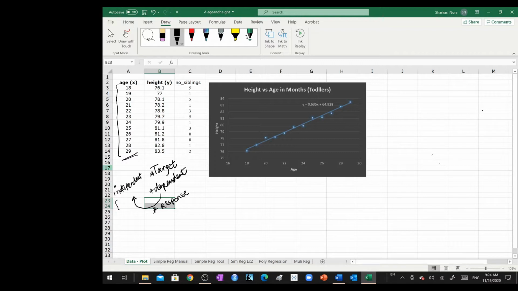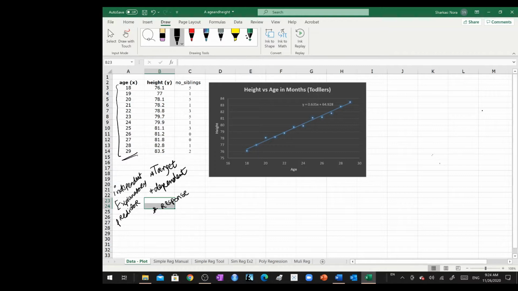This could also be the explanatory variable, because it tries to explain the other variable, the dependent variable. It also could be the predictor, because over here we're trying to predict the height of the toddler as they age in months. So this could be the predictor, the explanatory, and the independent.